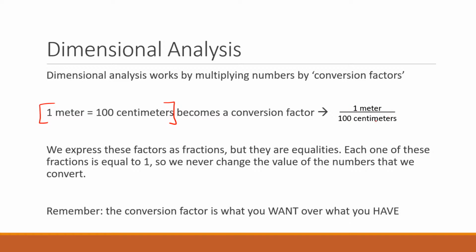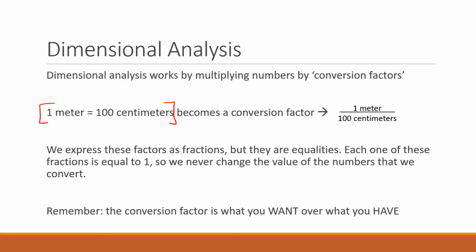It does not matter if you put 1 meter over 100 centimeters or 100 centimeters over 1 meter. We're going to talk about which way you set it up in a little bit, but the main thing is you need an equality, which can then be used to help you solve your problems.